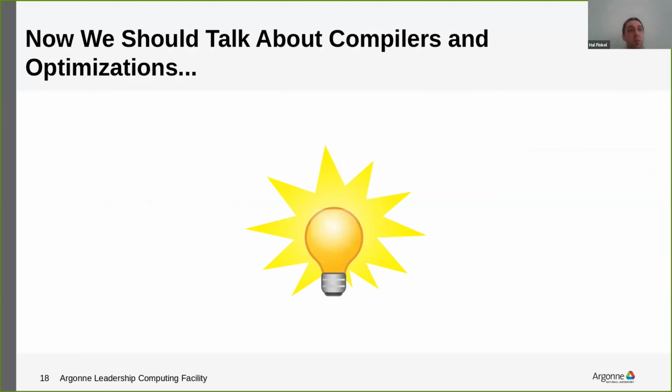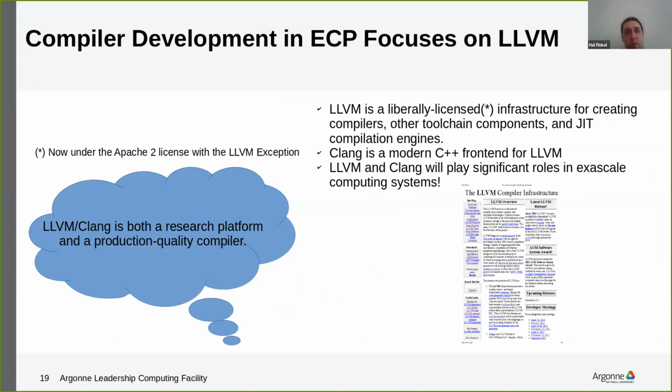All right. Now I want to spend some time talking about compiler optimizations and our focus here. So one thing that I think is important to start out with is that our focus for Exascale compiler development, especially from the US Department of Energy side, has been around the LLVM compiler infrastructure.